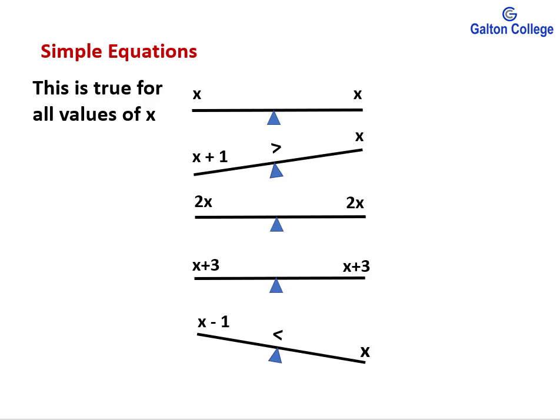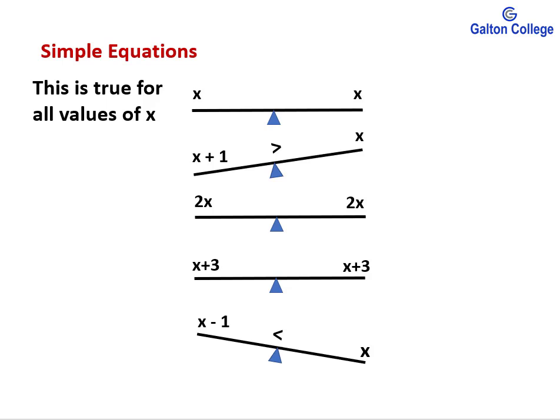If I take 1 away from x on the left-hand side and I don't take it away from the right-hand side, x minus 1, the x on the other side will be heavier, to use the analogy. So the x on the right hand side will go down and the x minus 1 will go up. It's not an equation.